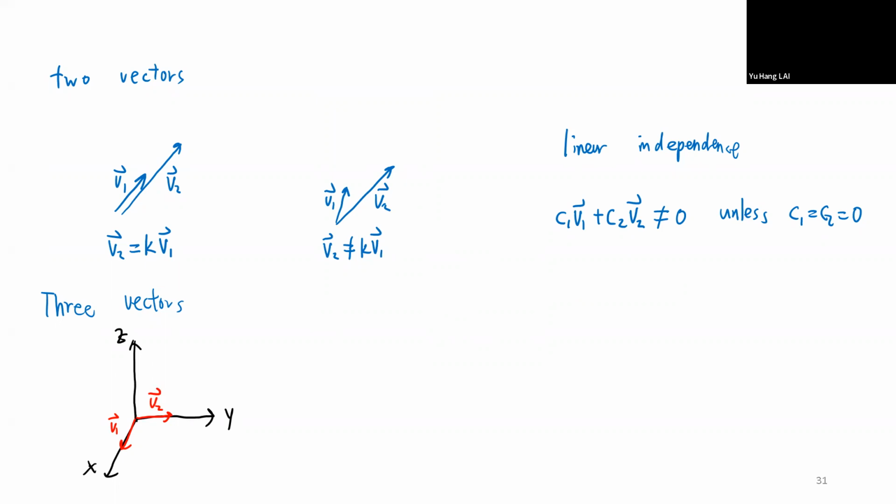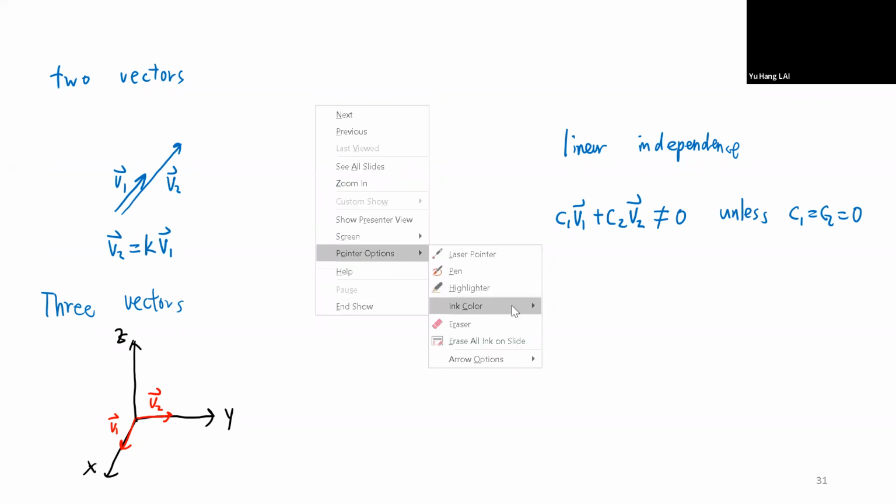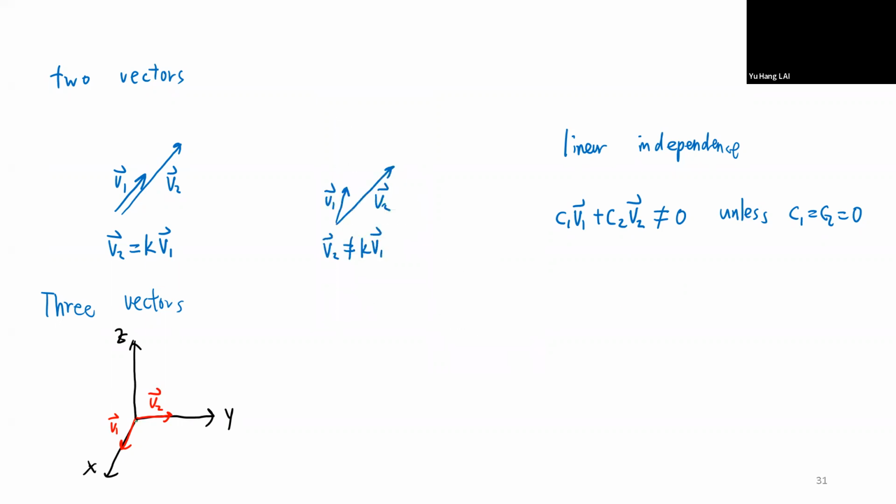Then v3 is a vector that looks like this, but v3 is still lying on the xy plane. So all three vectors are lying on the xy plane.